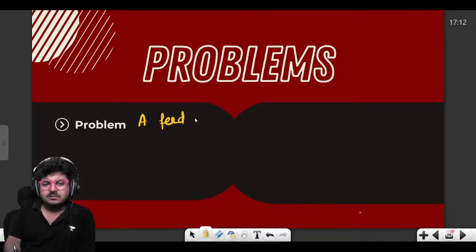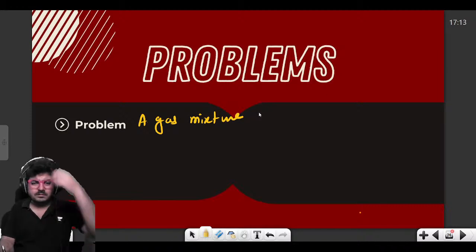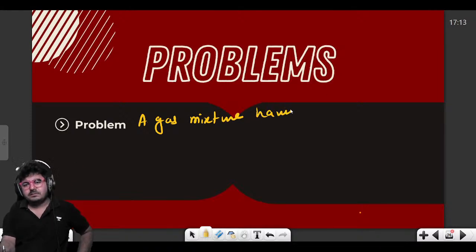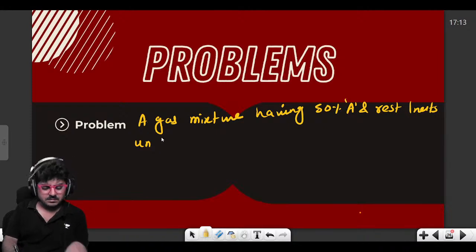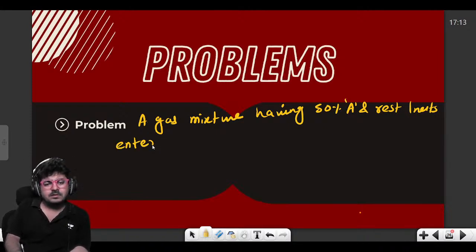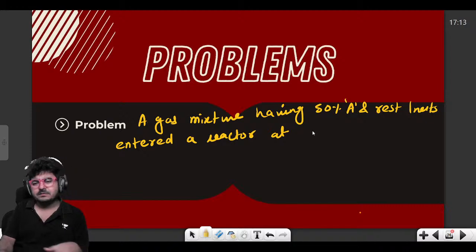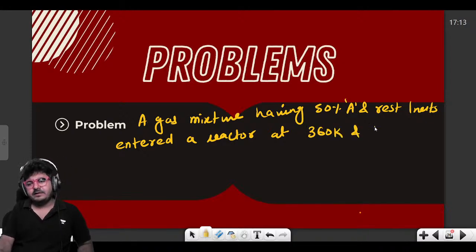A feed mixture, or sorry, directly clear, a gas mixture having 50% A and rest inerts entered a reactor at 360 Kelvin and 420 kilopascal.